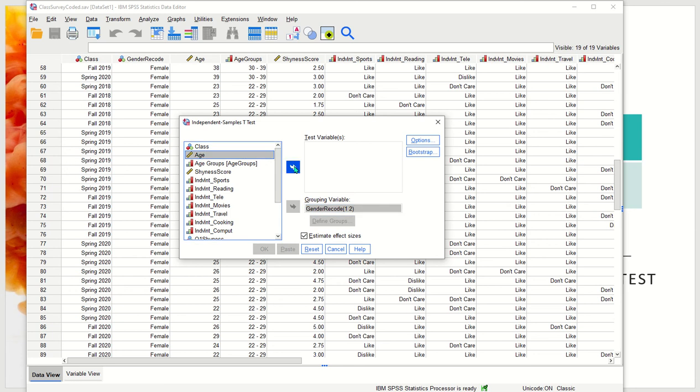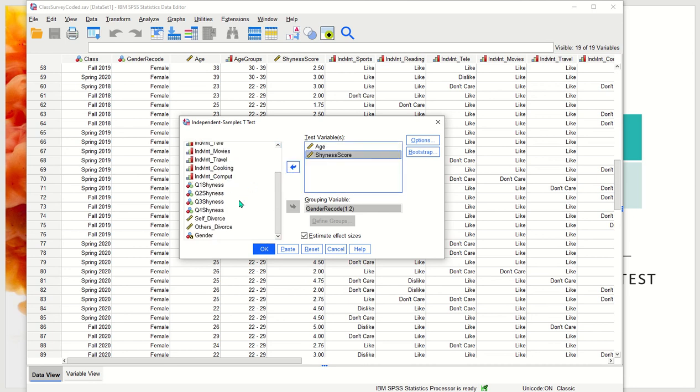So for our data set, we can put in age. We also tested people on their shyness scores, and we also asked them what the likelihood is that they themselves would get a divorce in the future, thinking they might or might not, on a scale of 1 to 100% chance.